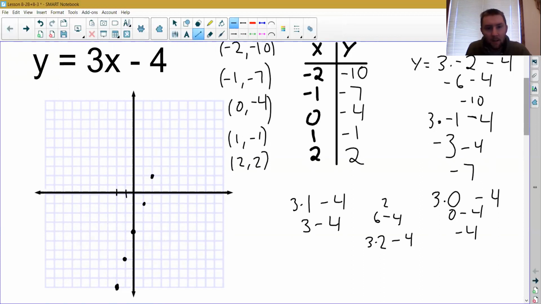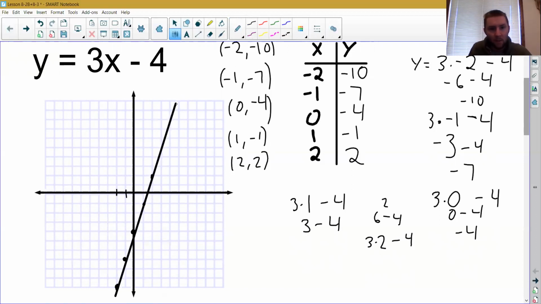Now if I take my straight line tool and just connect these points, that is the graph of this equation, y equals 3x minus 4.